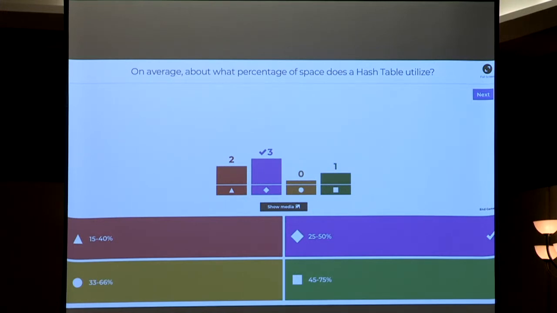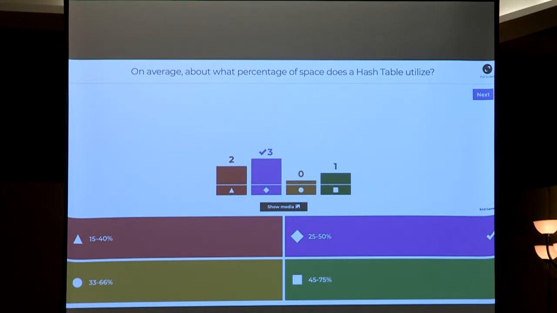The probing method doesn't have to do with how much space is being utilized. So you know that the hash table can, at most, use 50% of its space, right? So it definitely can't be up to 66% or up to 75%, right? Definitely can't, because it's at most half full, right?